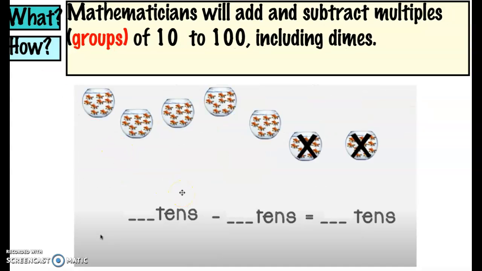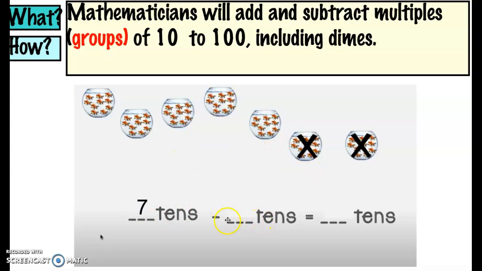Now let's pay attention to this problem. So we have some fishes in the bowl. How many groups of tens do we see? Did you say 5? No, it's not 5. Count again. How many do you see? 1, 2, 3, 4, 5, 6, 7. Okay? So we see 7 groups of tens.